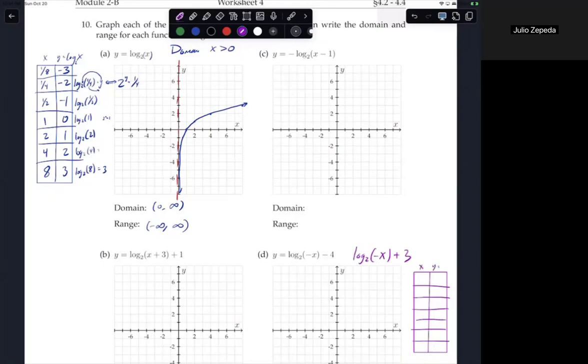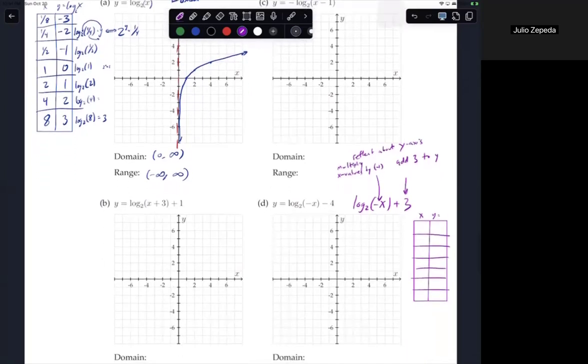All right. So what I'm going to do is, this plus 3 means add 3 to the y values. And the negative inside of the function means reflect about the y-axis. That means I multiply the x values by -1.